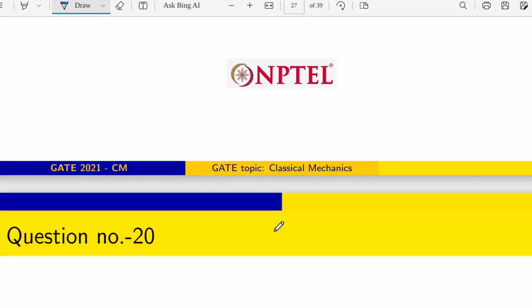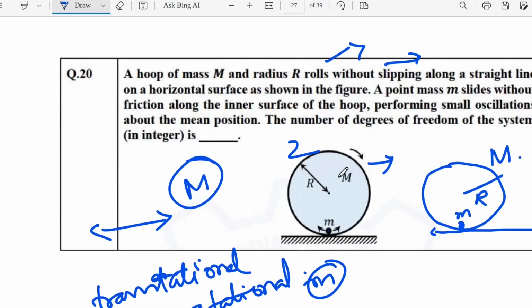Then in the next question you can see one hoop is there with mass capital M and radius capital R, and a small mass particle m is sliding without friction on the inner surface of the hoop, and the hoop rolls without slipping.